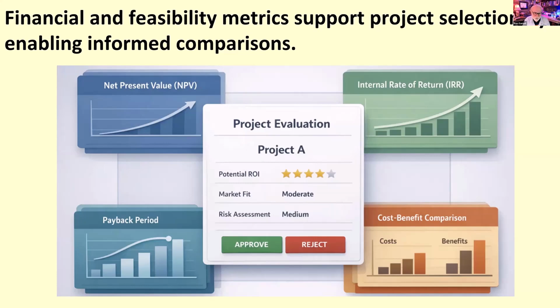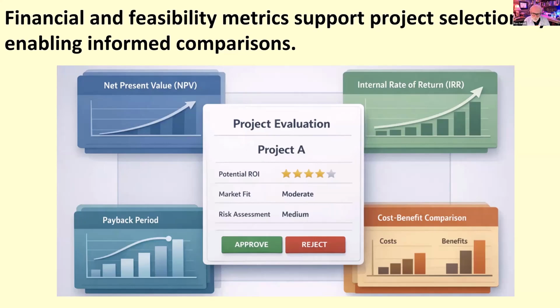The internal rate of return emphasizes the expected return of a project as a percentage. It's useful for comparing projects of different sizes, but it can be misleading when we have projects that are longer or shorter or have more risk. Again, you have to consider all of those items. Payback period looks at how quickly an investment recovers the initial cost.